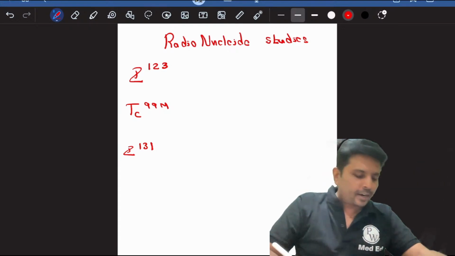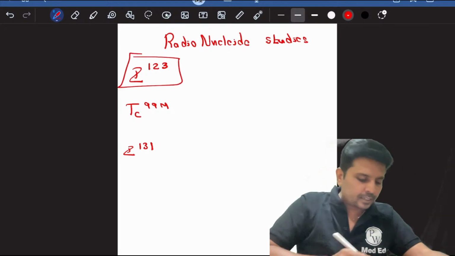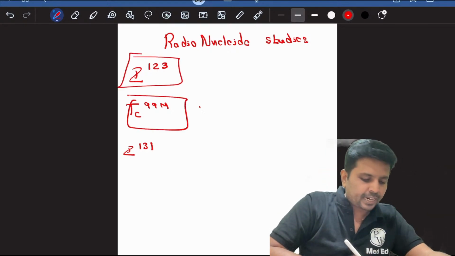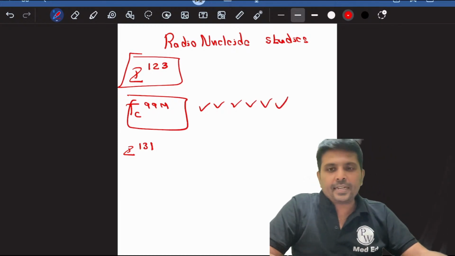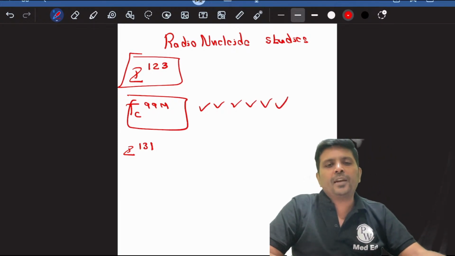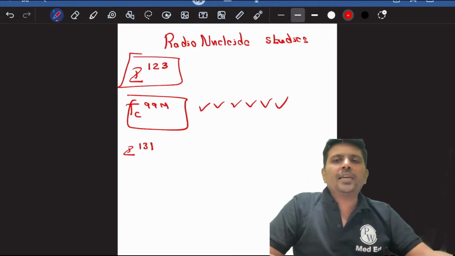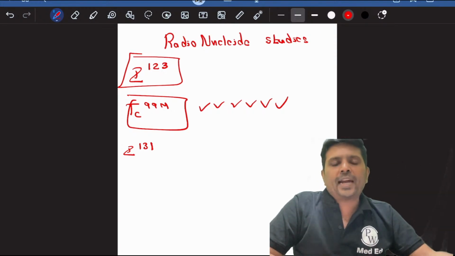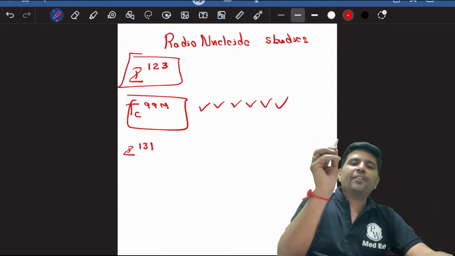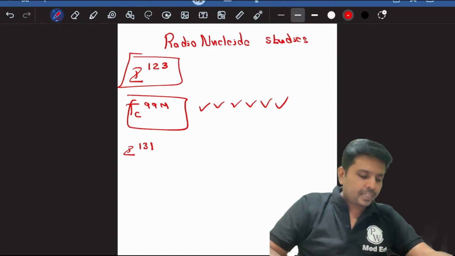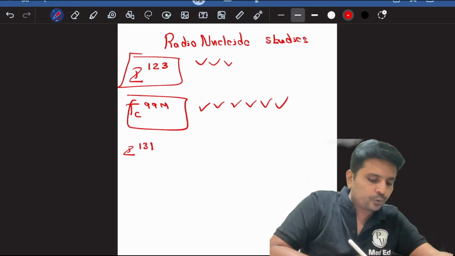The two common radionuclide tracers we use are, one, technetium scintigraphy. What is that? This technetium will accumulate in the thyroid follicle, so that through the scintigraphy study you can identify where the thyroid gland is present by identifying the hot spots. The second one is iodine 123. This is an MCQ.